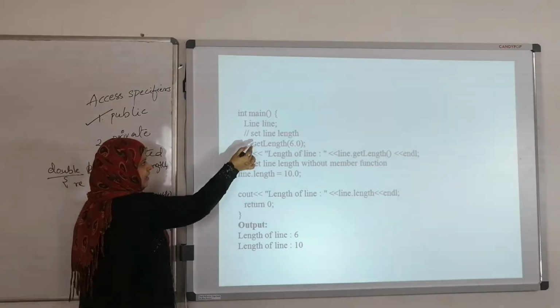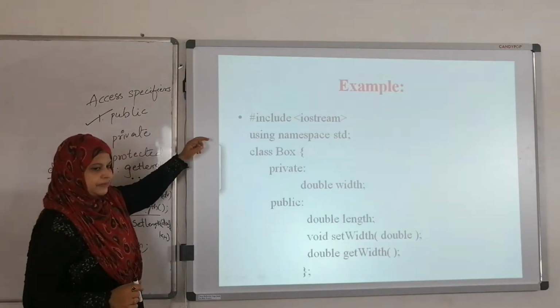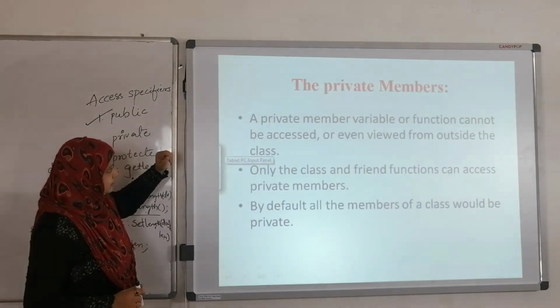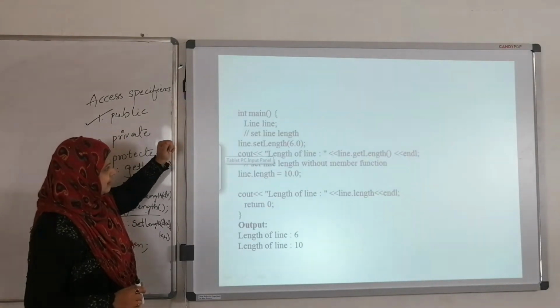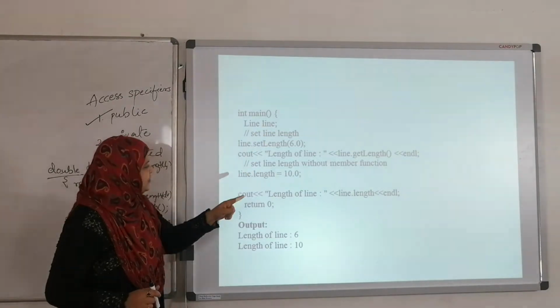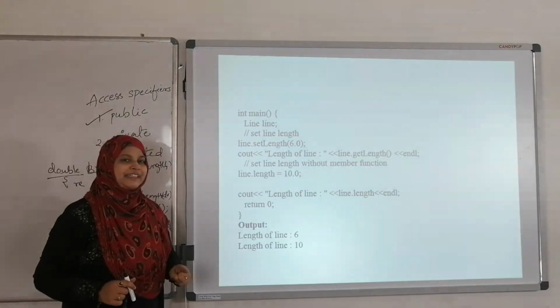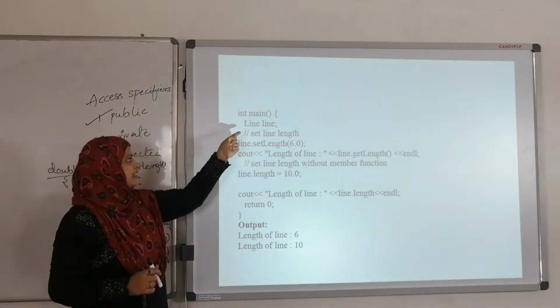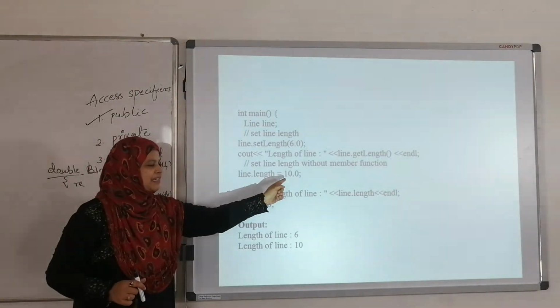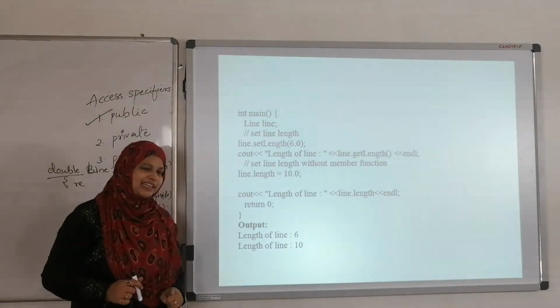See here, this line is the object. Length is the public data member of class Line, with capital L, and here I am assigning the value 10. Then the length of the line is line dot length.